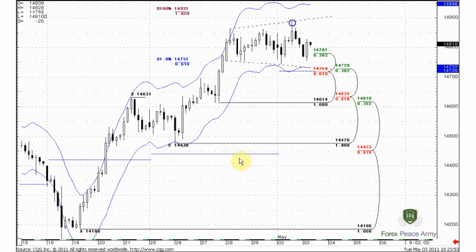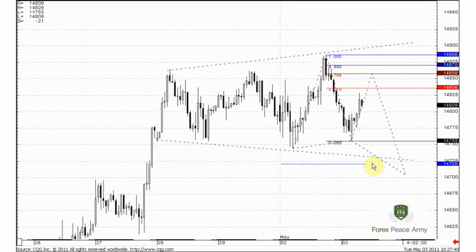Now let's talk about trading this broadening top pattern in detail on the hourly chart. This is the hourly chart. You can see here what I talked about. Look at this recent swing to the downside. Usually when the market intends to break the broadening top to the downside, it stops around the 618, 786 or 88 resistance of the recent swing to the downside.